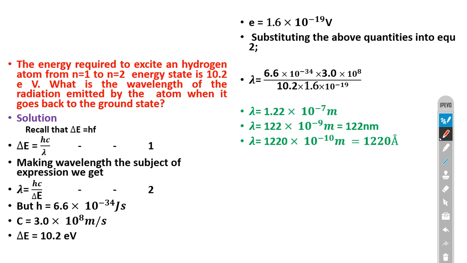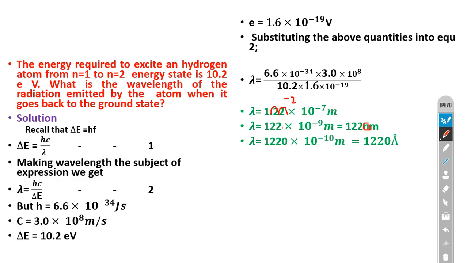If I move this decimal point 2 places, 1, 2, I will have to power minus 2. Minus 2 minus 7 will give me minus 9. So this would be the new position of the decimal point. And remember, 10 to the power minus 9 is the same thing as nano. So we now have 122 nanometer.